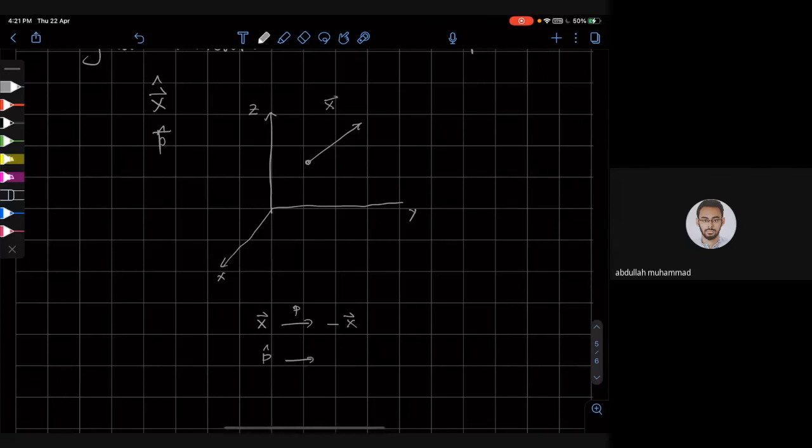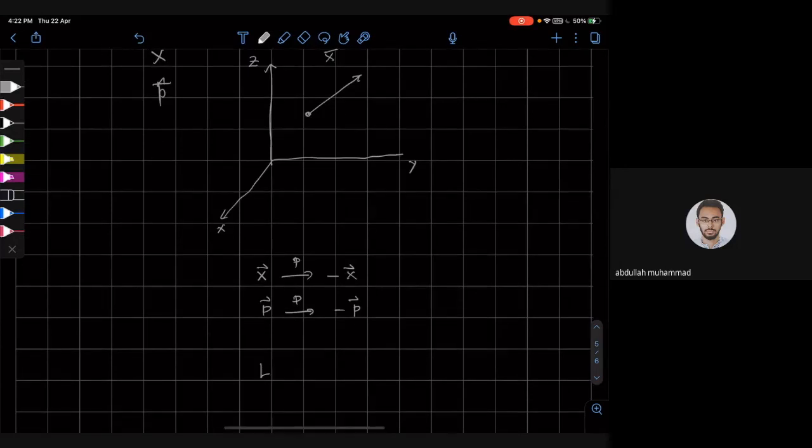So under parity, momentum also picks up a minus sign, right? So this is also how a vector transforms under parity.